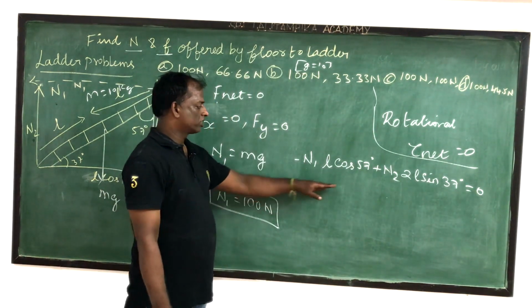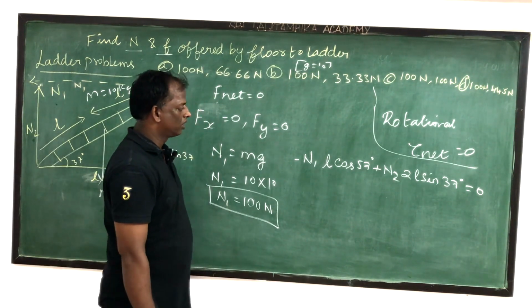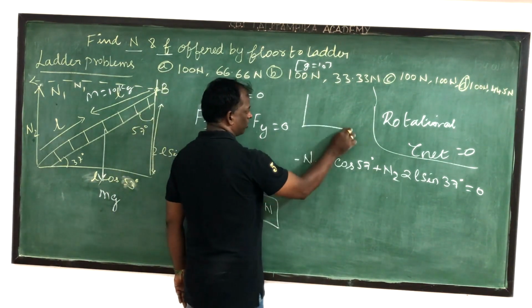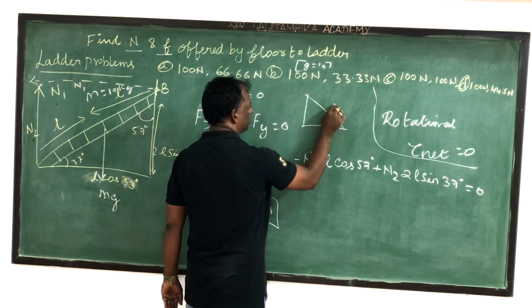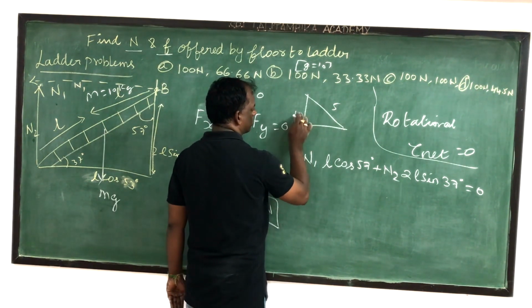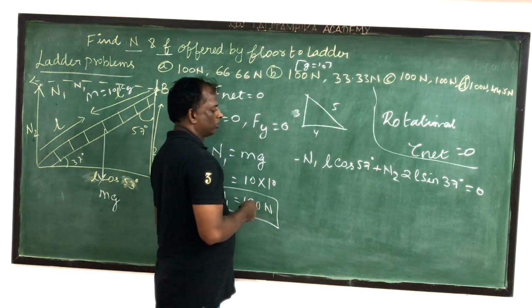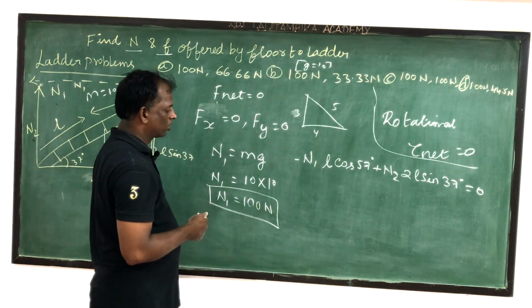The total net torque acting on this is equal to 0. So if this is 5, this is 3, 4. So cos is equal to cos.